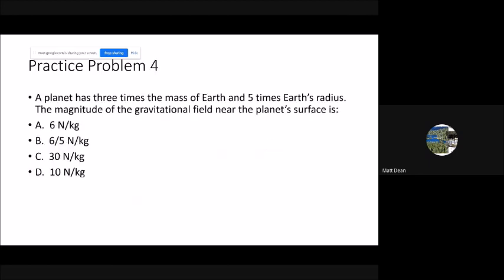All right, let's look at this one. A planet has 3 times the mass of Earth and 5 times Earth's radius. The magnitude of the gravitational field near the planet's surface is... First of all, you need to think about how you get the gravitational field of something. The easiest way is to take the weight of an object, mg, and set that equal to the gravity equation.